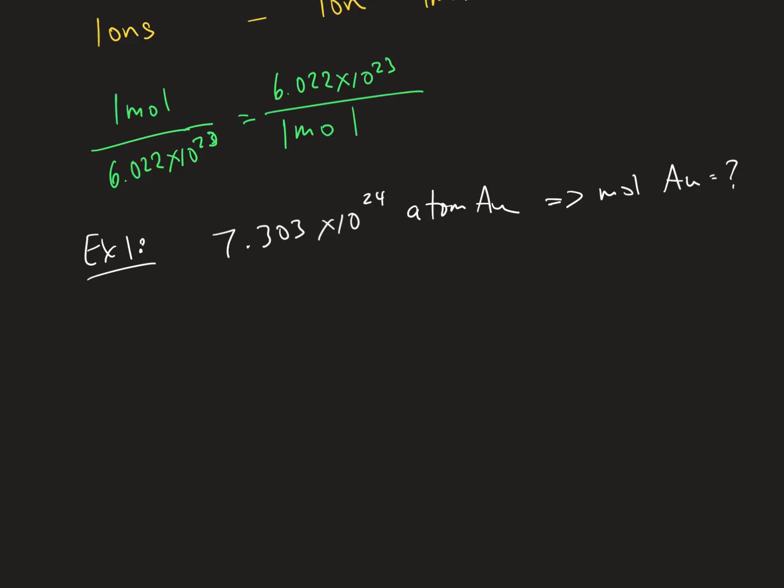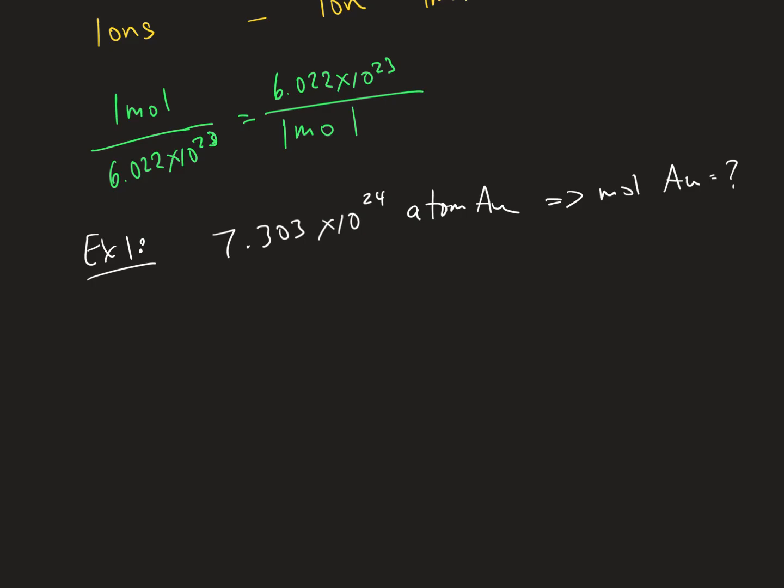I know what I'm looking for. I know what I know. So then I solve. Using the, what are we using here? How do we do this? You guys remember how to convert? What do we call this? Dimensional analysis. We good with this yet?